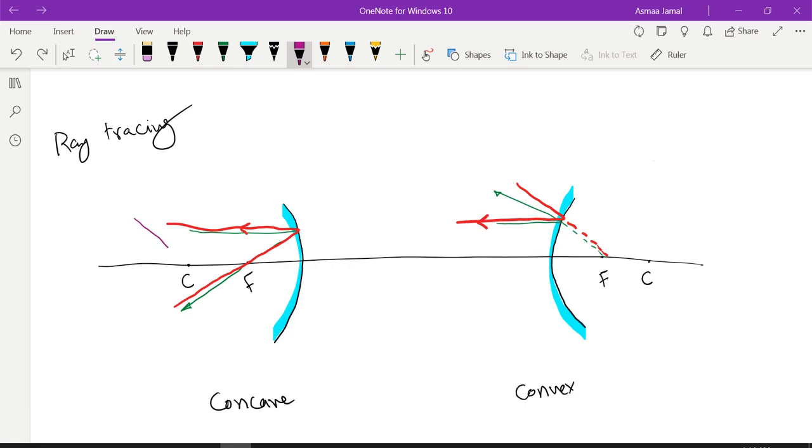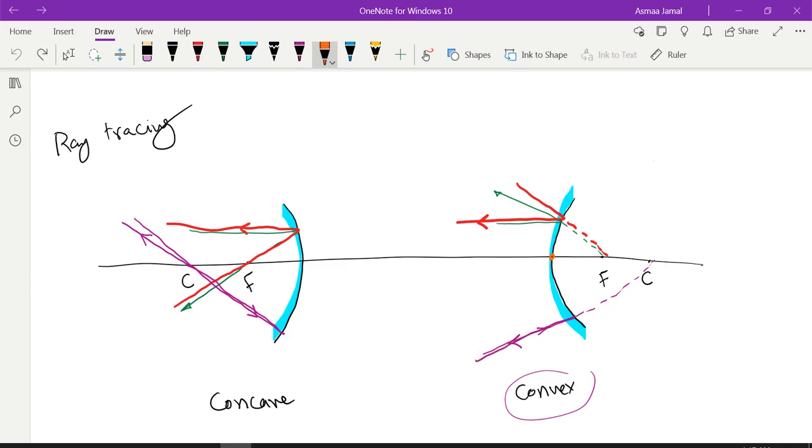If that ray passes through the center of curvature like this, after reflection, it will follow the same path via the center of curvature again. In a convex mirror, the ray that appears to pass through the center of curvature, after reflection, will come back via the same path again.